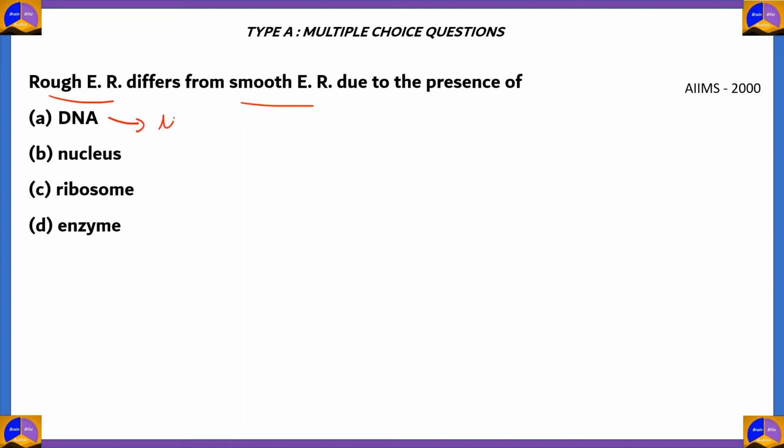DNA is found in nucleus or mitochondria or chloroplast. It's present in all of these, but it's not present in rough ER or smooth ER. So option A is incorrect.